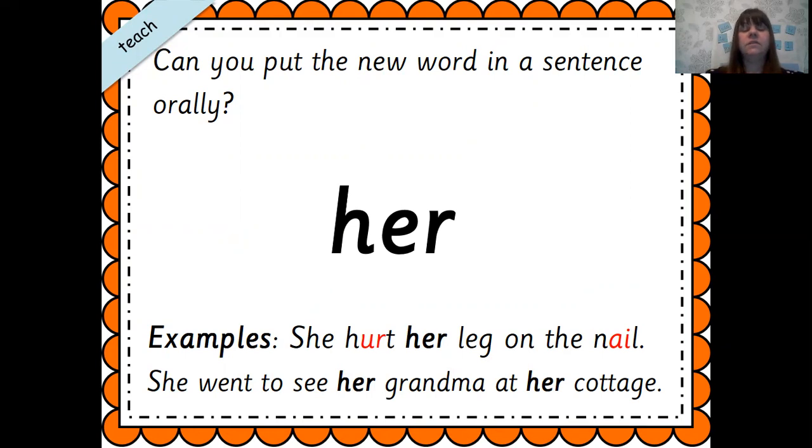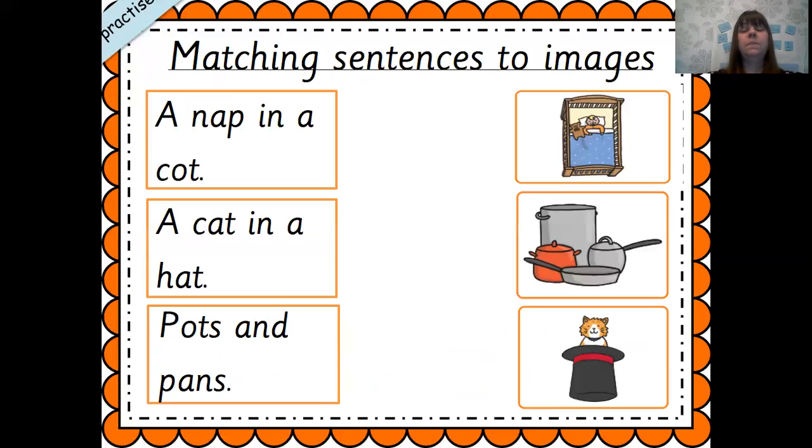The next sentence is, she went to see her grandma at her cottage. I've used her twice. Wonder who that sentence is about, which story that's out of. Think you all know. Okay, pause the video as I say, think of 3 different sentences with her in, and we will move on to our practice session.